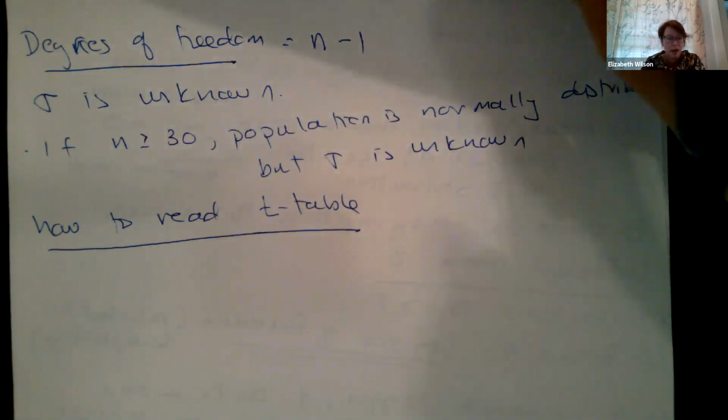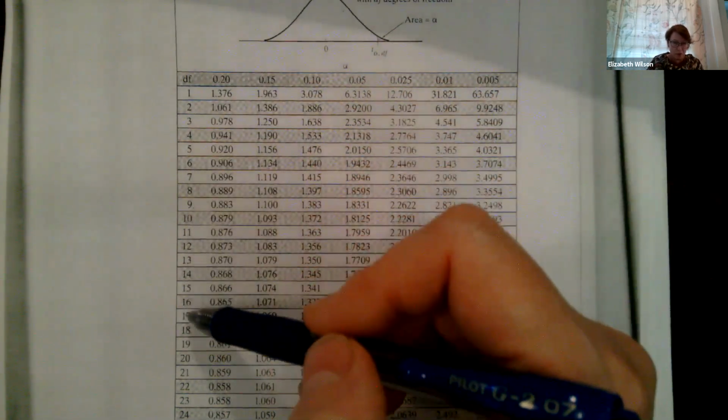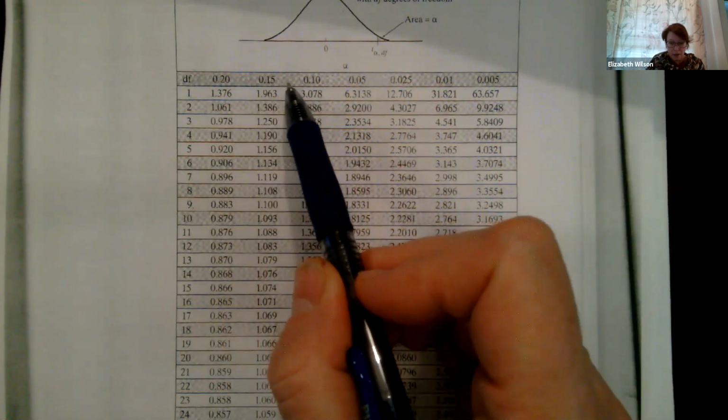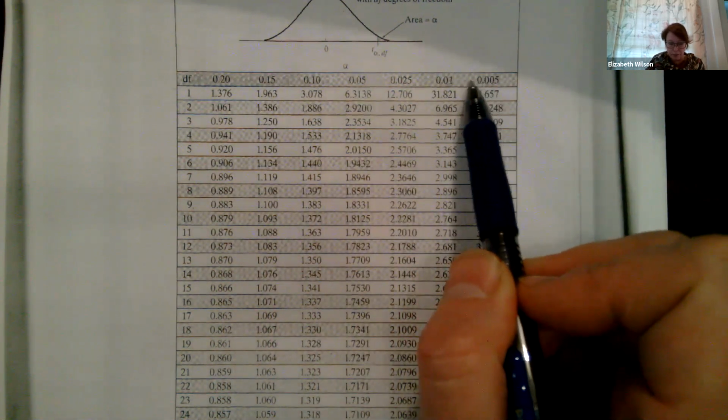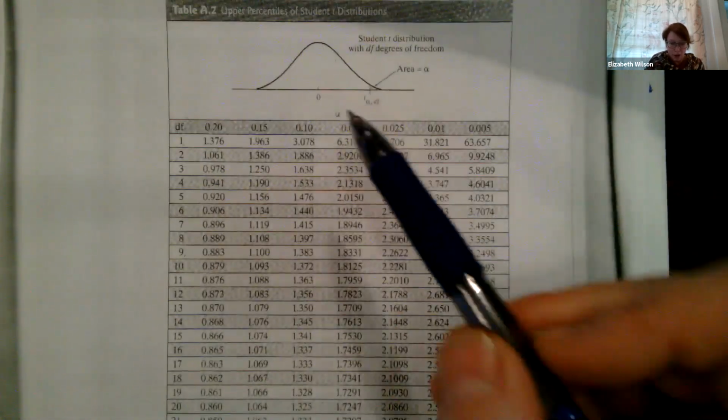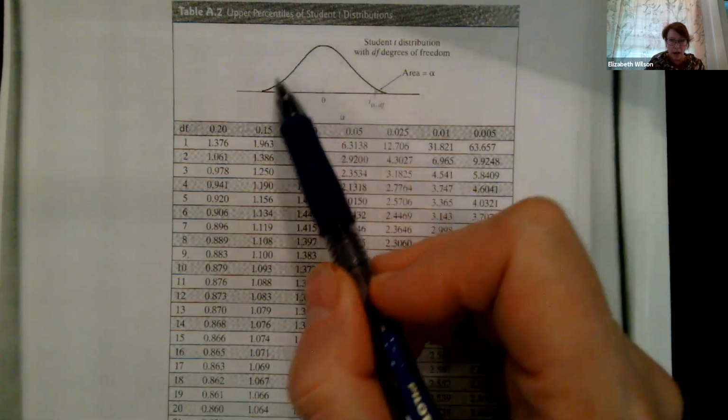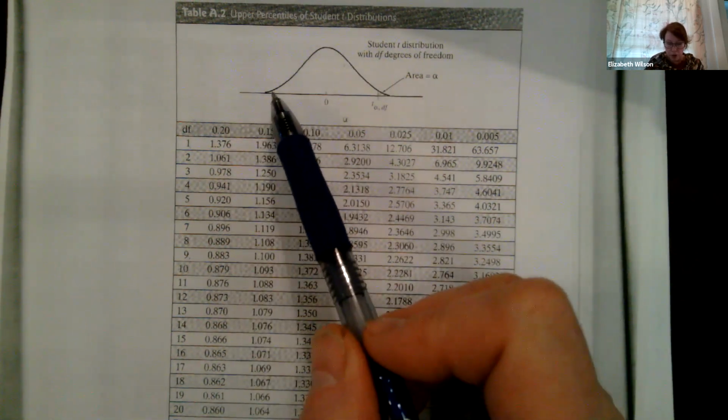Now my t-table is listed on degrees of freedom, which we calculate from our n. Across the top here is our alpha value, and this is a table of t values. Also look here on our graph, it's still a symmetric bell-shaped curve.